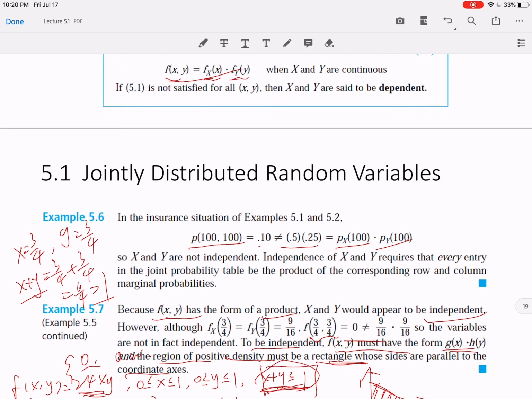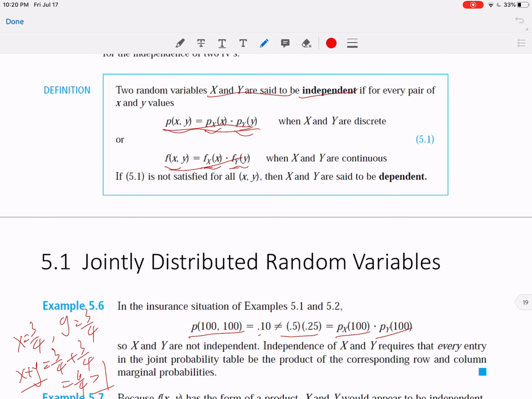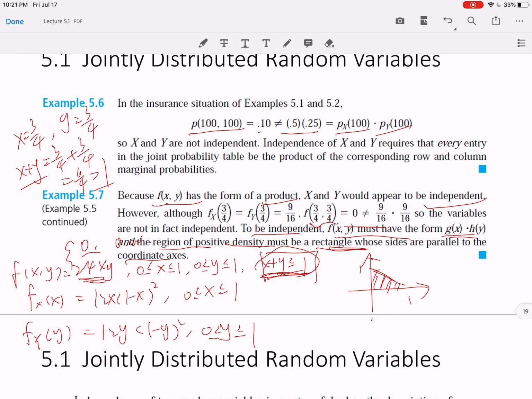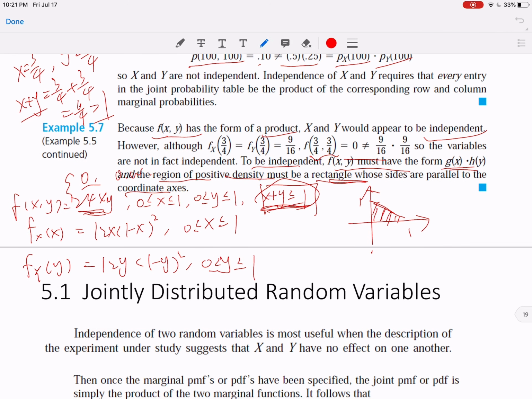If f of x times f of y is equal to f of xy, they're independent, or p of x times p of y is equal to p of xy, they're independent as well. Actually, we can prove this case in a way as what I just said. Since f of x is equal to this, and f of y is equal to that, obviously the product of those two is not equal to the joint PDF over here, and that's why they're not independent.